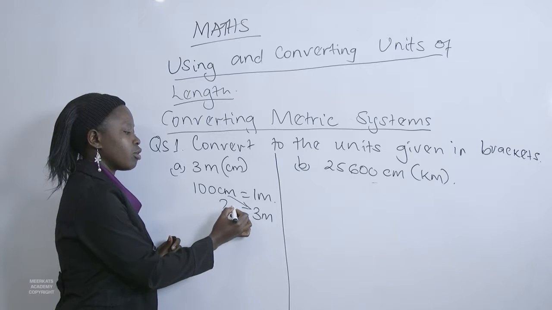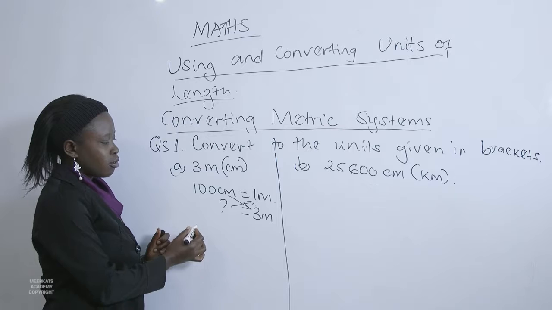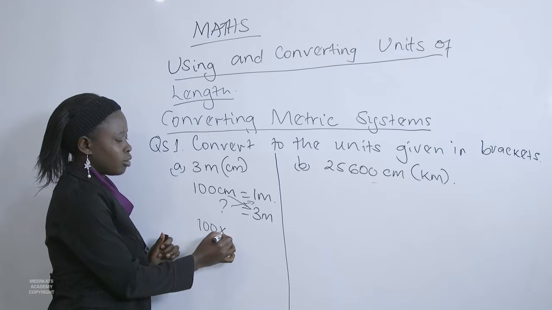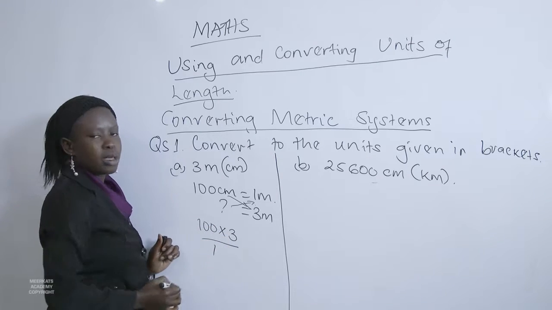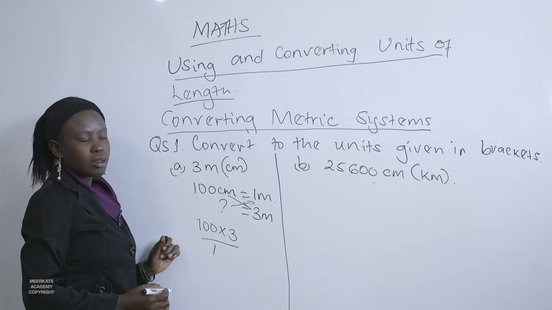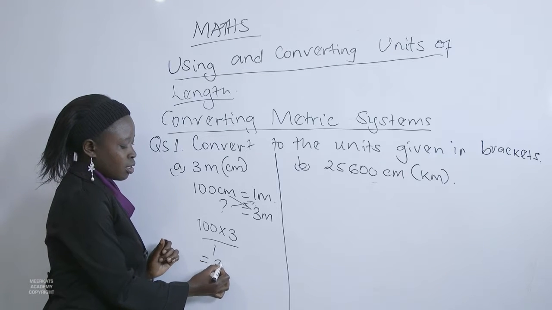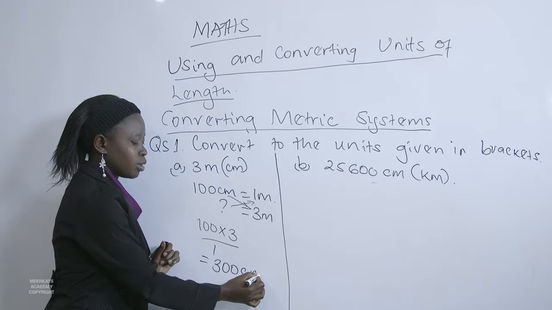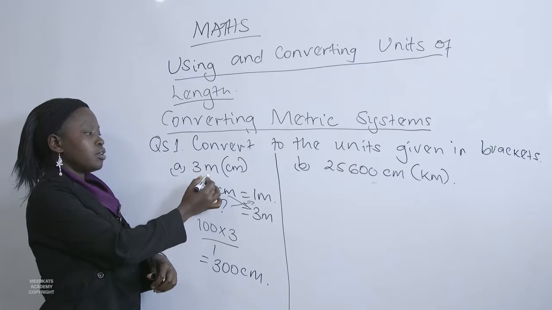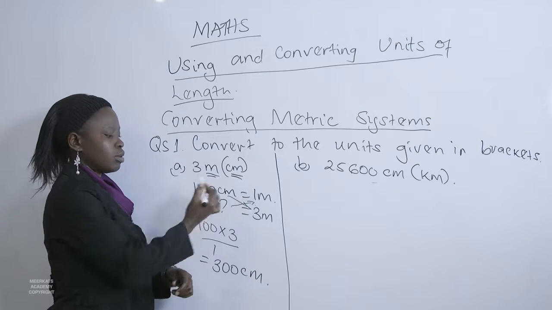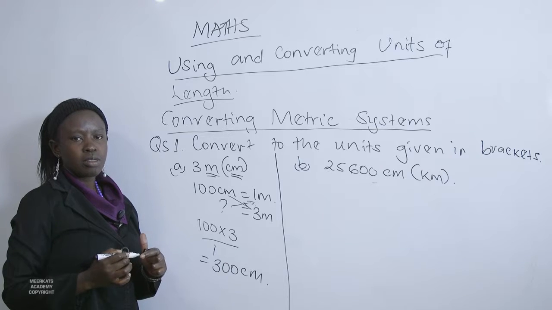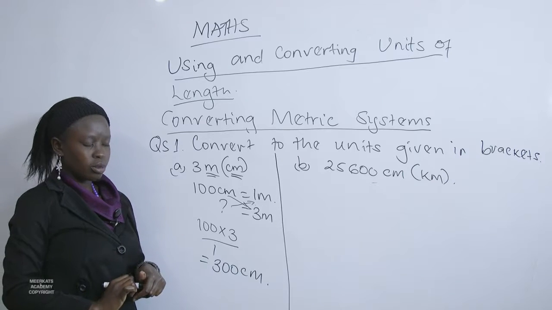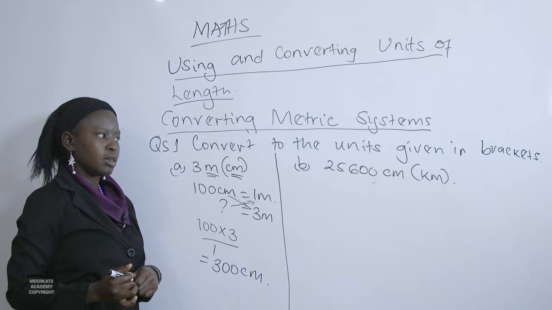So that means if we cross multiply, then we have 100 multiplied by 3 divided by 1. And 100 times 3 gives us 300 centimeters. So we were converting from meters to centimeters, and we discovered that 3 meters is equal to 300 centimeters.